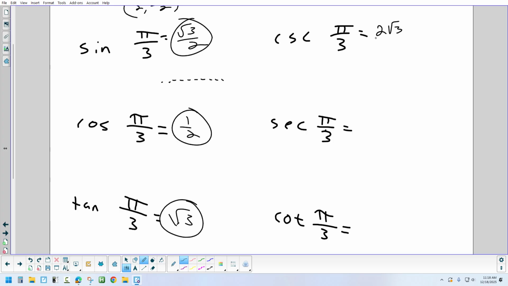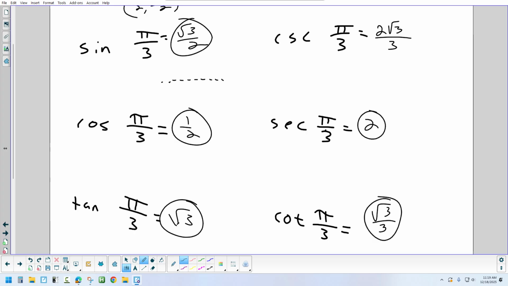Yeah, so it's going to be 2 root 3 over 3. Okay, how about the secant of pi over 3? 2. And what about the cotangent of pi over 3? Yep, square root of 3 over 3.